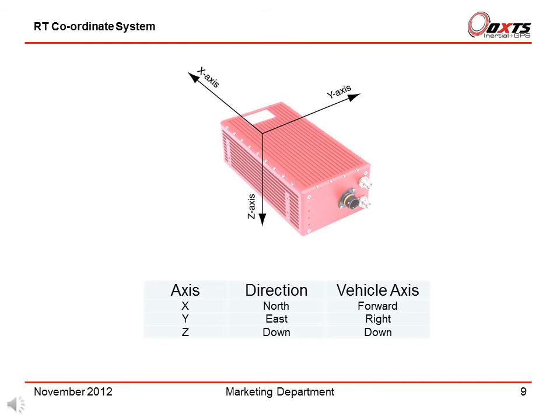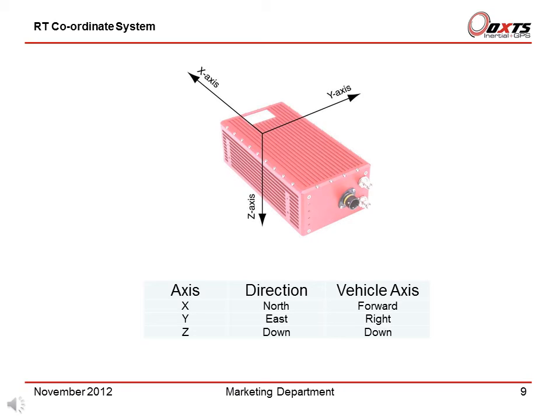Now we shall look at the RT coordinate system. The conventions used by the RT are those adopted by most navigation systems. Engineers who work with vehicles tend to have the Z-axis pointing up rather than down, and therefore the Y-axis pointing left rather than right.